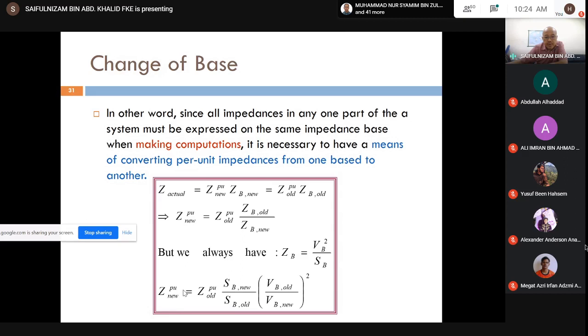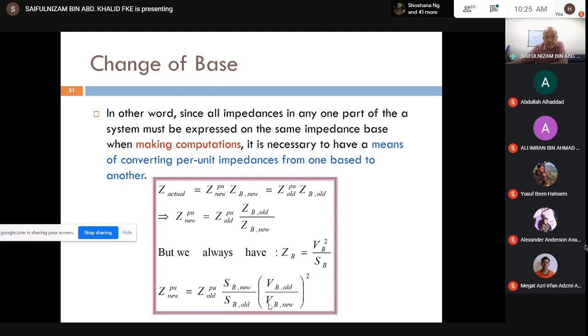So we substitute for the old value and for the new value, V squared over S. So we end up with the per unit new impedance equal to the old per unit value, which may be expressed in percentage or in ohm, times the base MVA new, SB new divided by SB old, times the voltage old divided by voltage new base, squared.